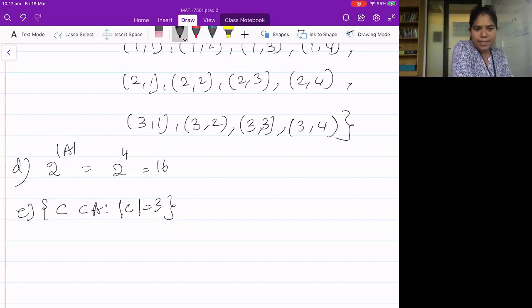The number of C that are subsets of A such that the number of elements is 3 is equal to, I think I missed one question. Okay, don't worry. Which gives us 24 sets possible. Why?